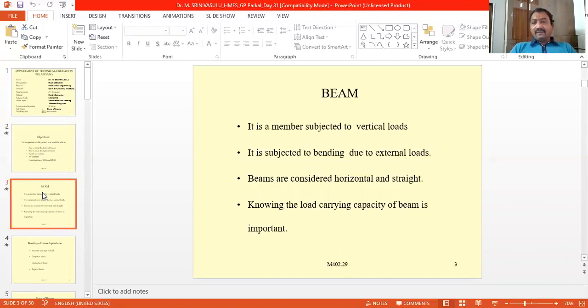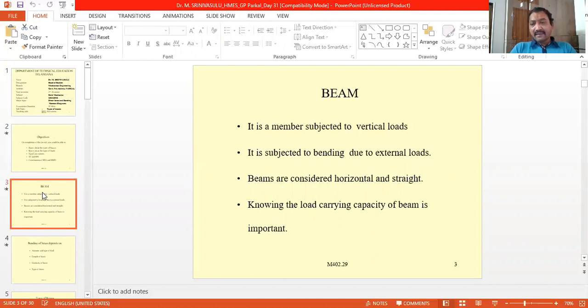Now, first of all, when we want to enter into the SFD and BMD, we should know some of the basic things. In that, the first one is the beam. What is a beam? So we are seeing the beam at so many places.